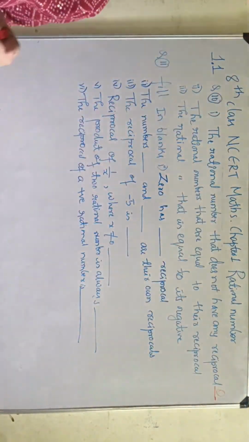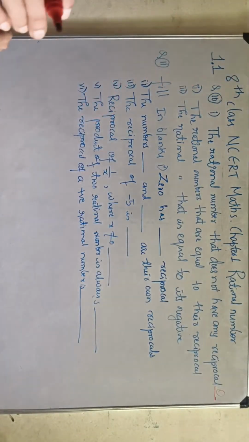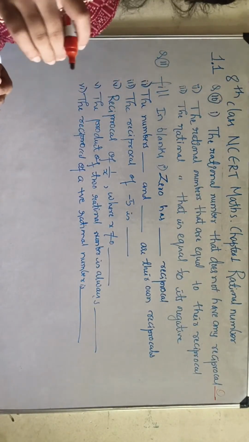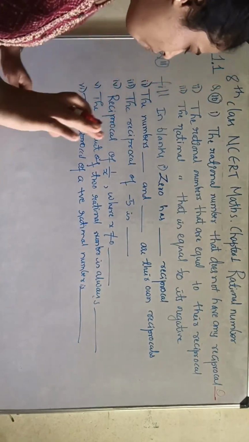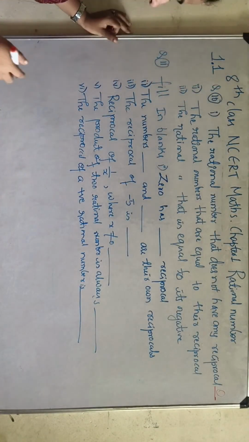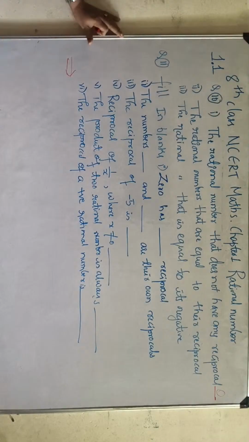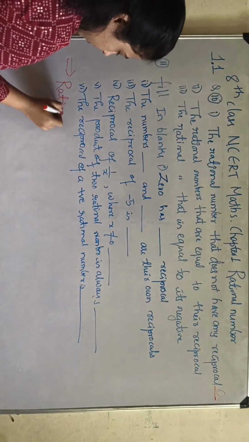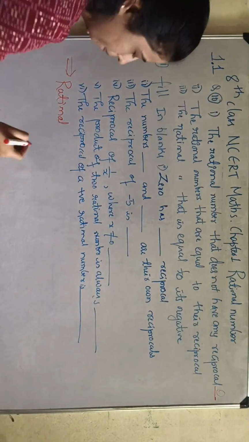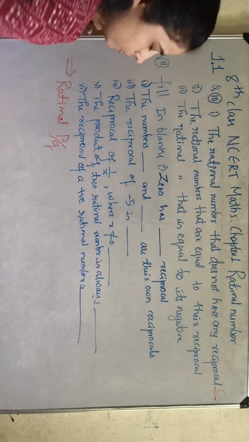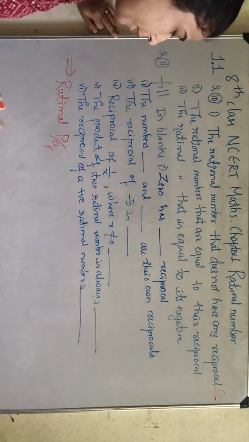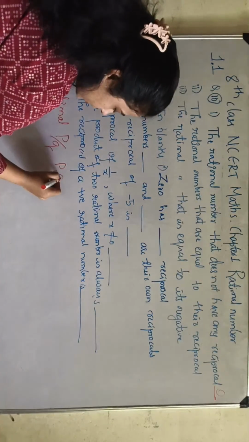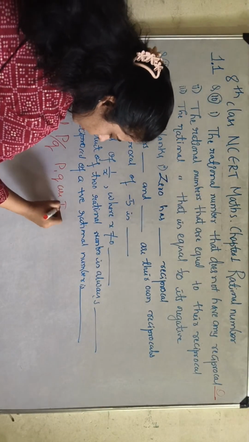Means 0 is a rational number. Once again I will explain why 0 is a rational number. What is the definition of a rational number? A rational number is in the form p by q, where p and q are integers.